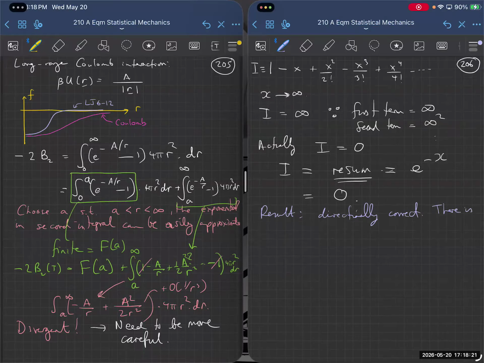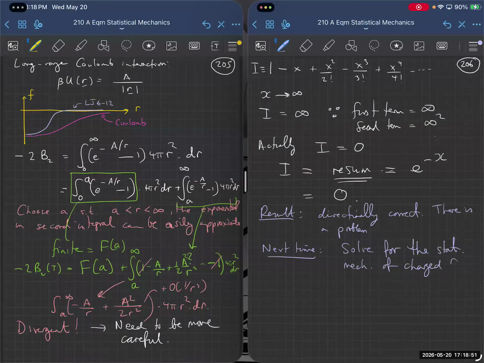Well, there is a problem, and so next time we will solve this problem of a charged fluid. Let me tell you how you really do it. The real way is you take this series, look at all these diagrams, sum them up, do a renormalization theory, resum the thing, and then you find a finite result.